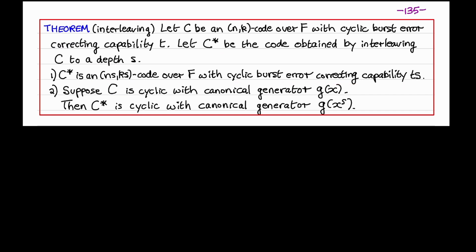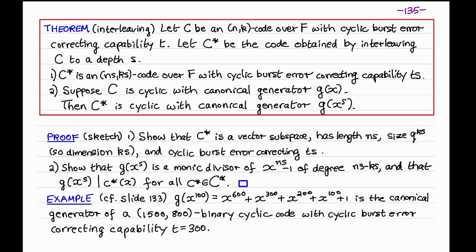Furthermore, if C is cyclic with canonical generator g of x, then C star is also cyclic, and its canonical generator is g evaluated at x to the power s. I'll leave the proof of this theorem as an exercise, but let me highlight the main elements of the proof. To prove the first claim, you need to show that C star is a linear subspace, so it's closed under vector addition and scalar multiplication.